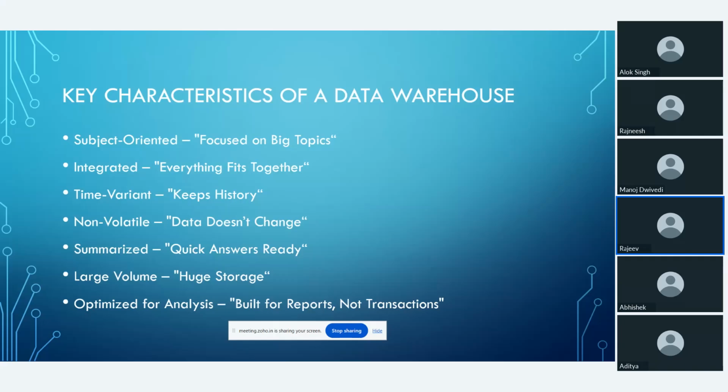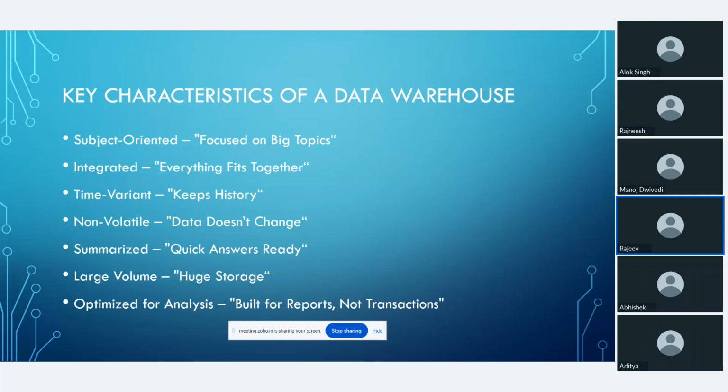So the first feature of a data warehouse is that it is subject oriented. It means that it's focused on a big topic. A data warehouse stores information about important business areas, like sales, customer, or product.